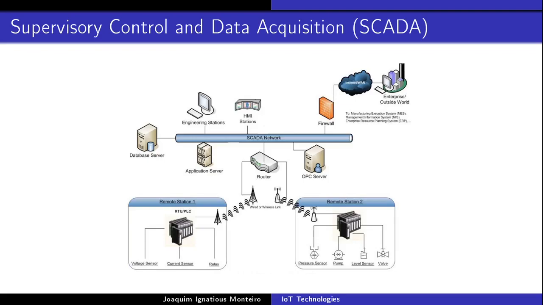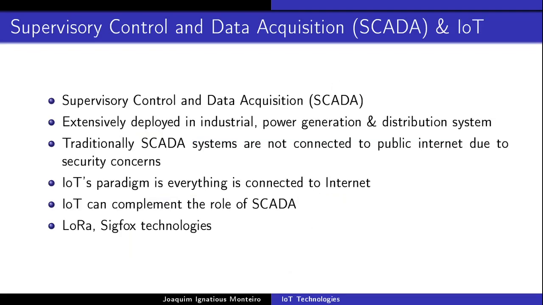Internet of Things components could be used. The problem lies in the different paradigms where SCADA and IoT work. IoT typically means everything is connected to the internet, but SCADA systems are basically firewalled. Due to security concerns, power grid networks are not connected to the public internet.